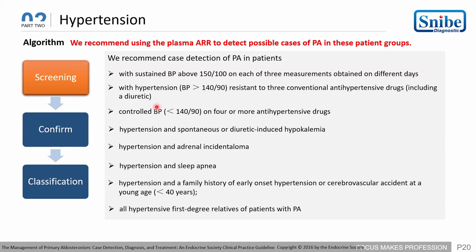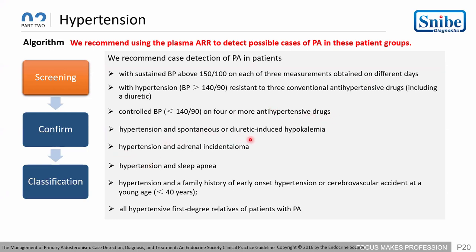So with hypertension, blood pressure greater than 140 over 90, resistant to three conventional antihypertensive drugs including a diuretic. Also controlled blood pressure less than 140 over 90 on four or more antihypertensive drugs.